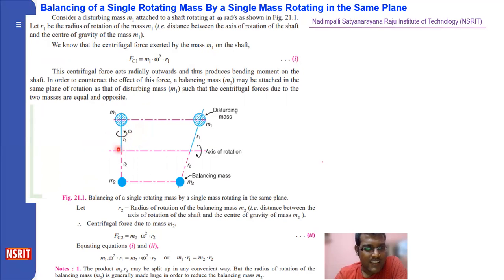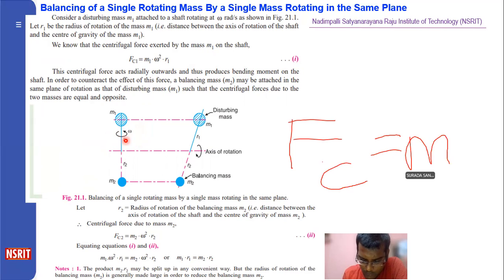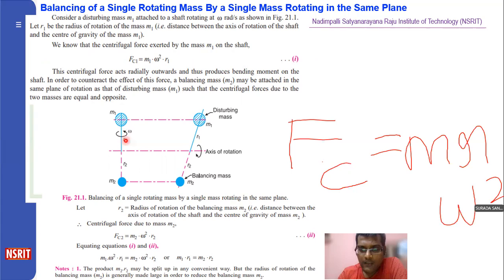As you know the centrifugal force formula, Fc, the basic formula is m r omega square. That means for the first mass we have the formula m1 r1 omega square.